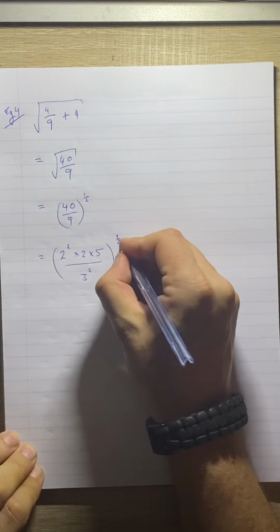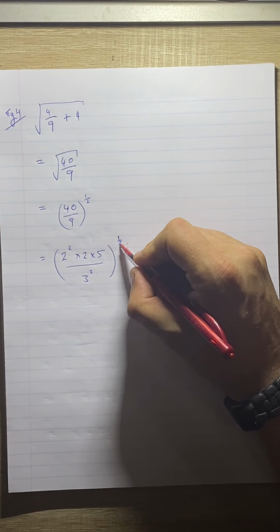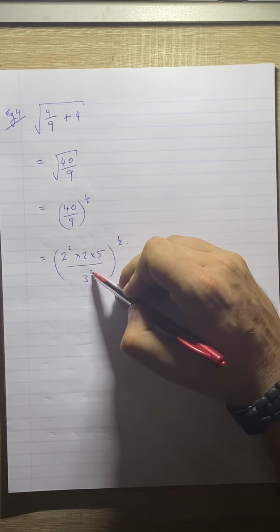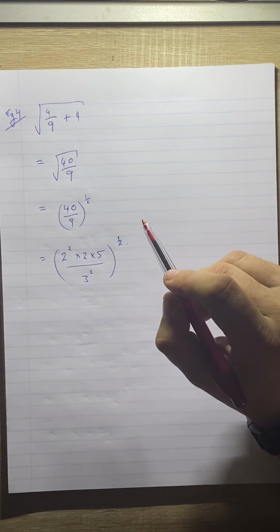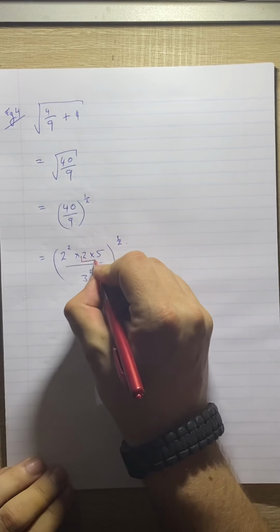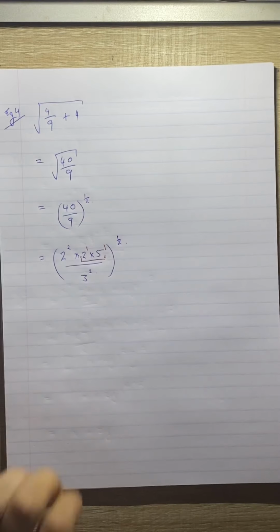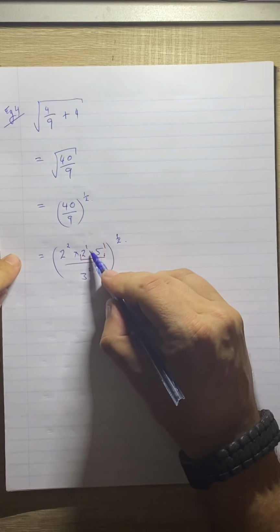The reason why is because I want to cancel this 2 over here. So that's why I made the first one 2 and the second one also 2. Okay, and what I'm going to do is I'm just going to group these 2 here because their powers are just 1 and 1. All right, this is not going to cancel with them.